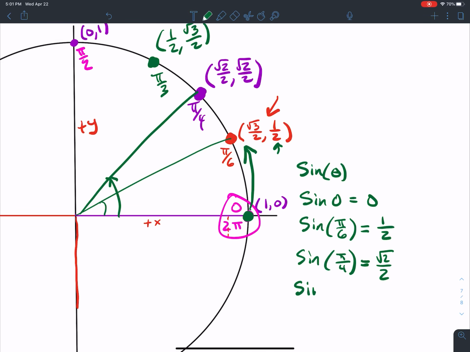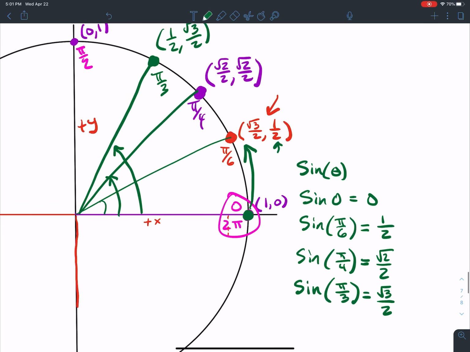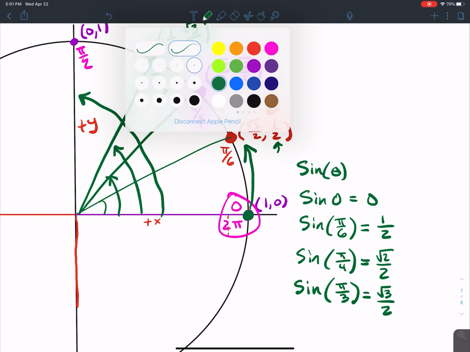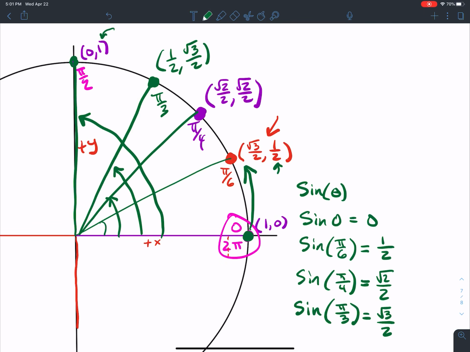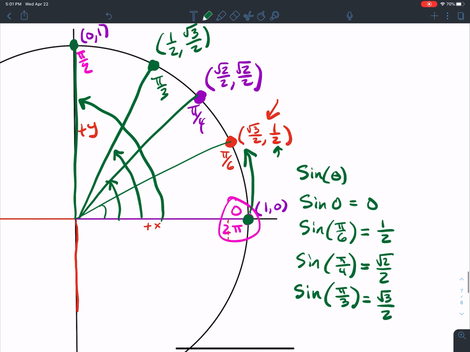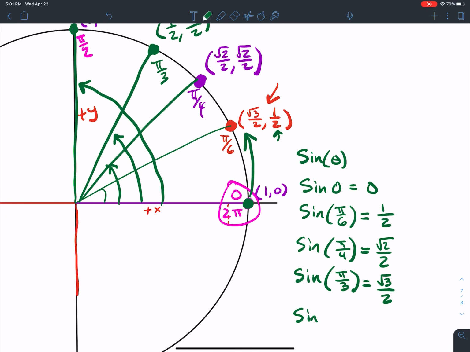And then this here, this is sine of pi over 3 for the next build up. Okay? Build it up here. And so what do I get? I get square root 3 over 2. And then the last one, when I come up to here and I go up there, my sine value has built up to its maximum amount of 1. Okay, so the sine of pi over 2, okay?